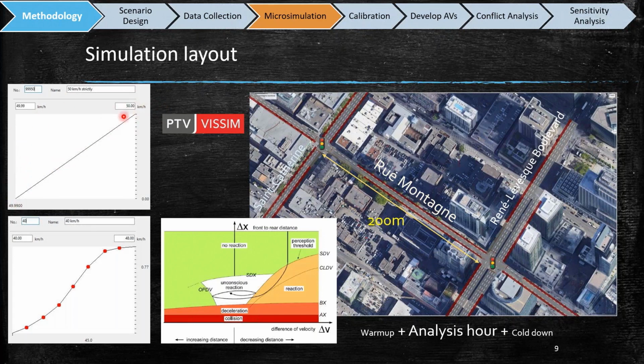For example, if it's 50 kilometers per hour, then all AVs follow this speed behavior. And for conventional vehicles, we adjusted based on the actual data that we had in the field and tried to implement it exactly in microsimulation.